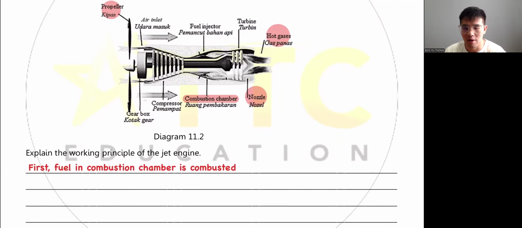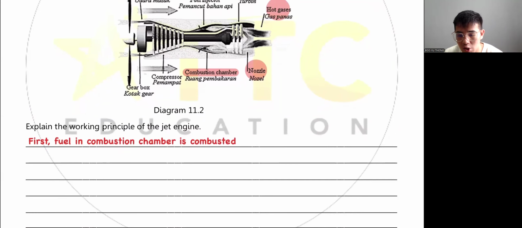Again, gas particles have mass, and when they are expelled at high speed, mass times velocity gives you momentum. So backward momentum will be produced on the gases, and when the jet engine produces a backward momentum, the jet engine also gains a forward momentum. So that's what we want, right?